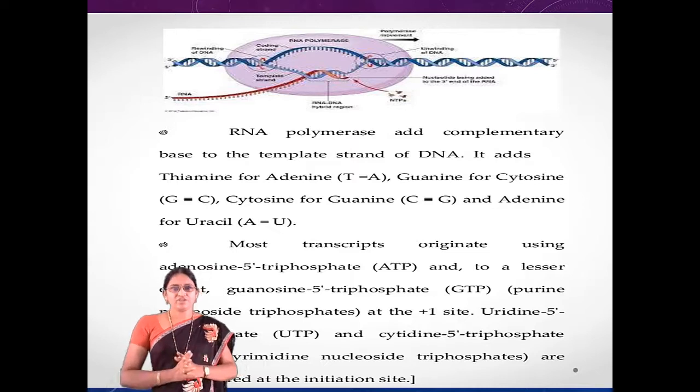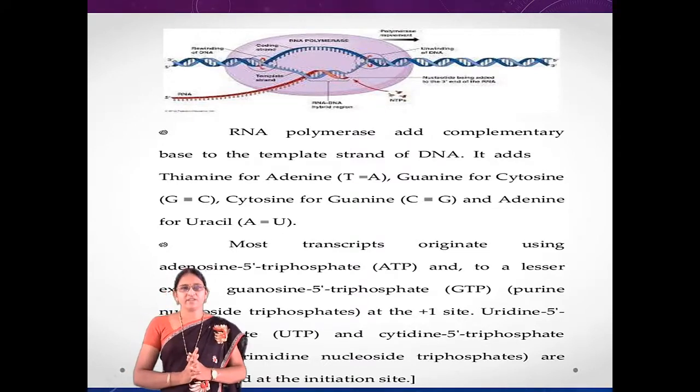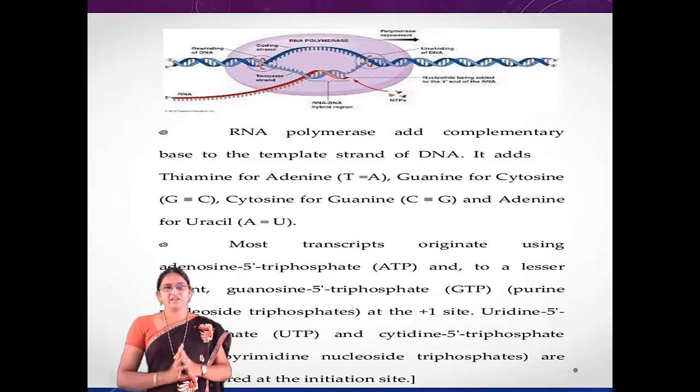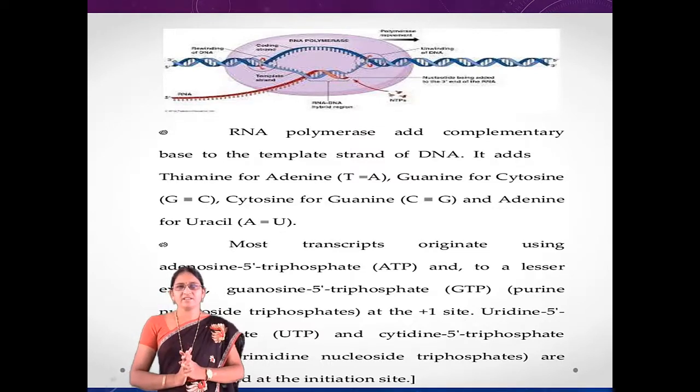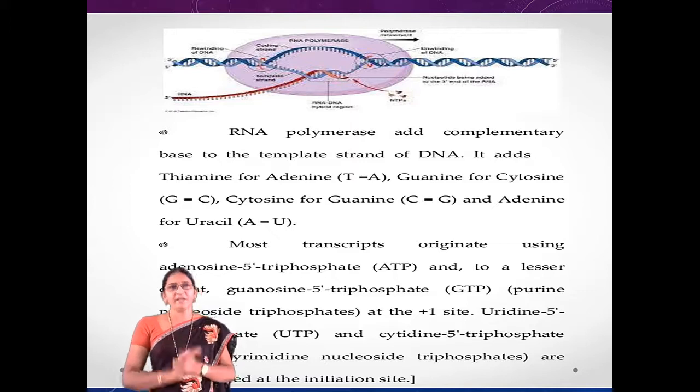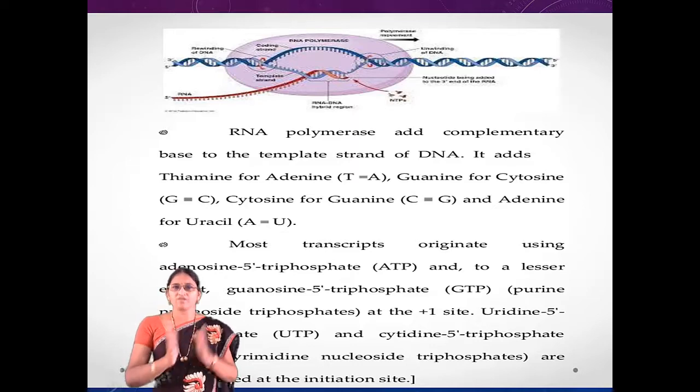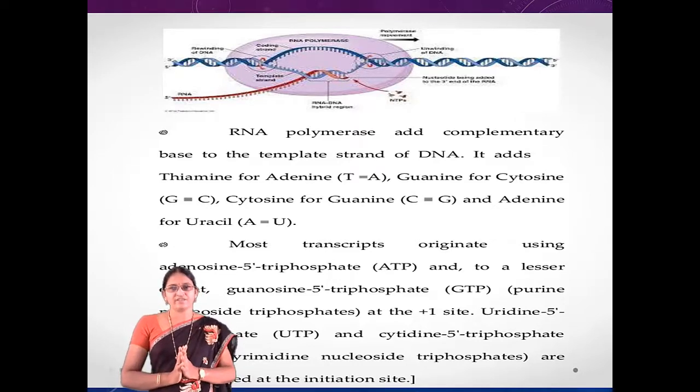Here the polymerization is nothing but addition of nucleotides. The pairings are adenine with uracil, thymine with adenine, guanine with cytosine, and cytosine with guanine. RNA chain synthesis always initiates with either ATP or GTP, whereas UTP and CTP are not favorable for the initiation of the synthesis.